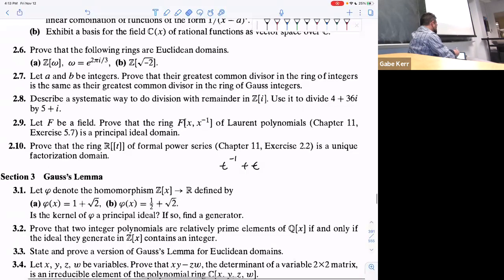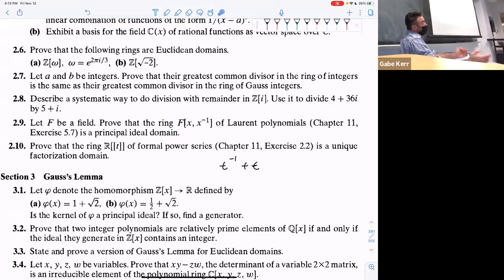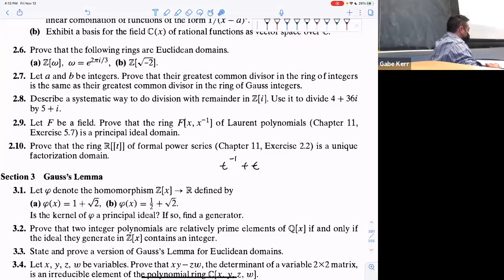Is it a domain? Yes, it's a domain. Why is it a domain? Well, if you had a zero divisor, you can multiply any of the Laurent polynomials by a power of x to get a polynomial.